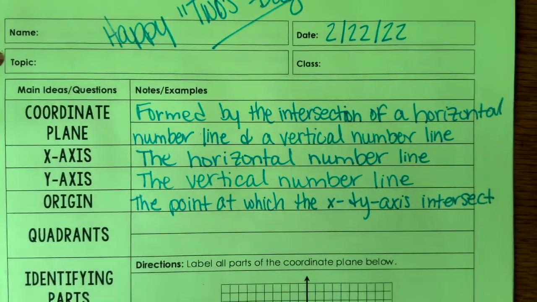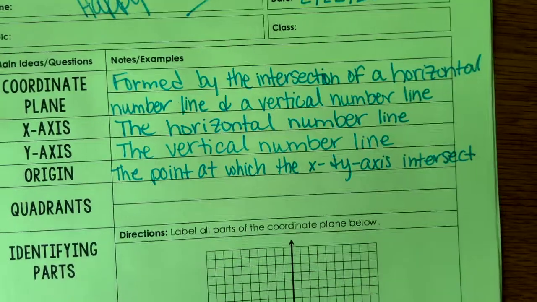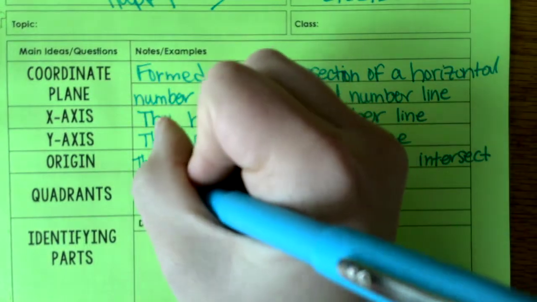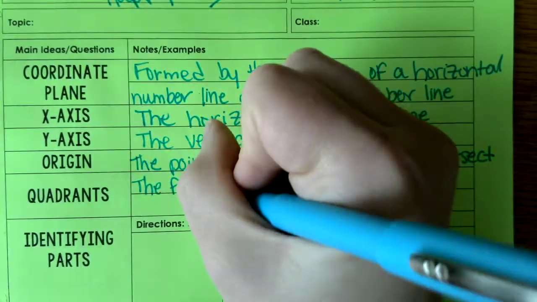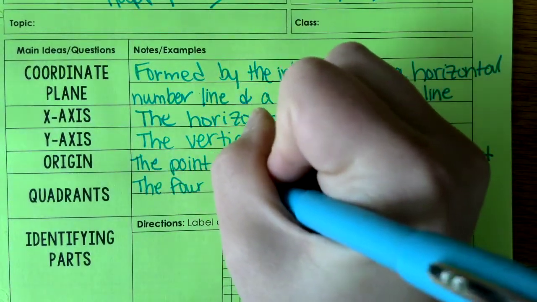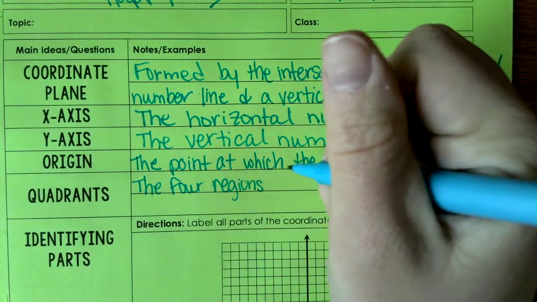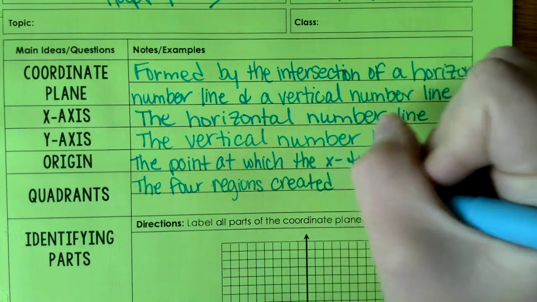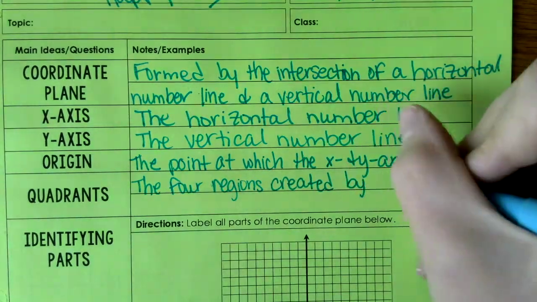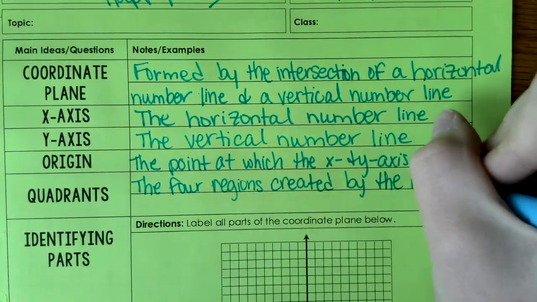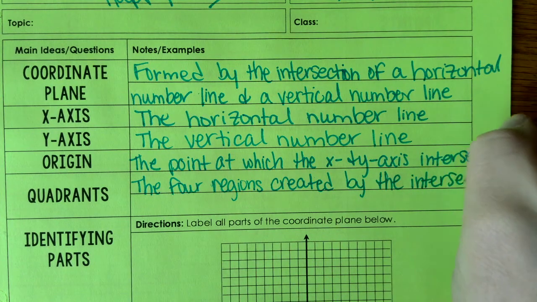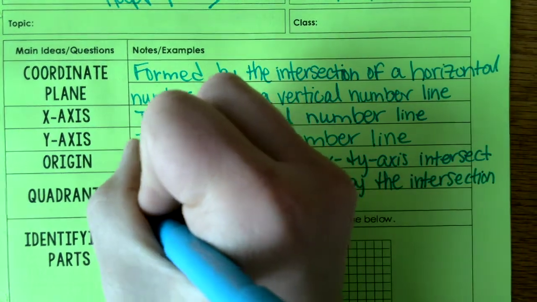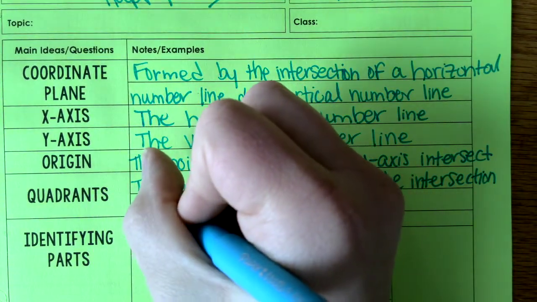Okay, and then we have quadrants. Well, what are our quadrants? Our quadrants are the 4 regions created by the intersection of the x and y axis.